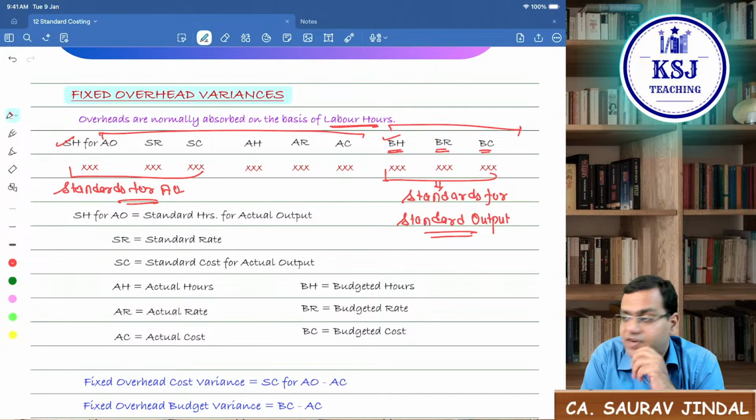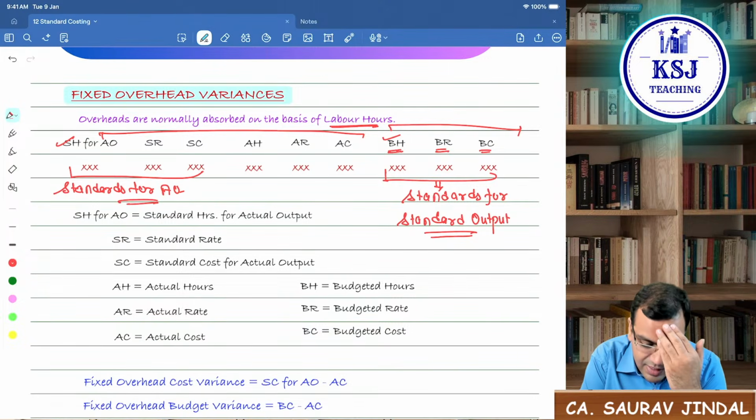Actual output can be different from what you planned for. Like we have been taking that 100 units is what we planned for, but actually it turned out to be 150 units. So these budgeted hours, budgeted rate and budgeted cost are for 100 units, right?